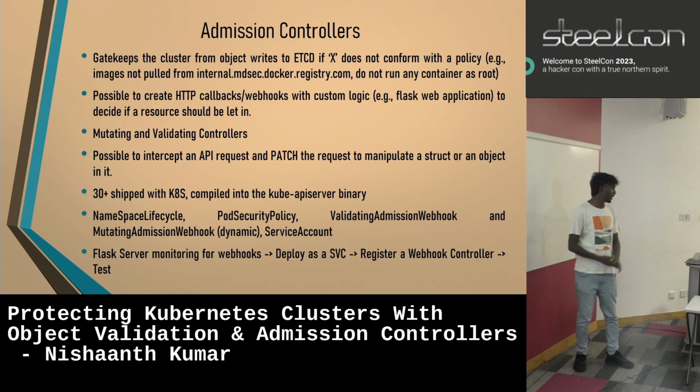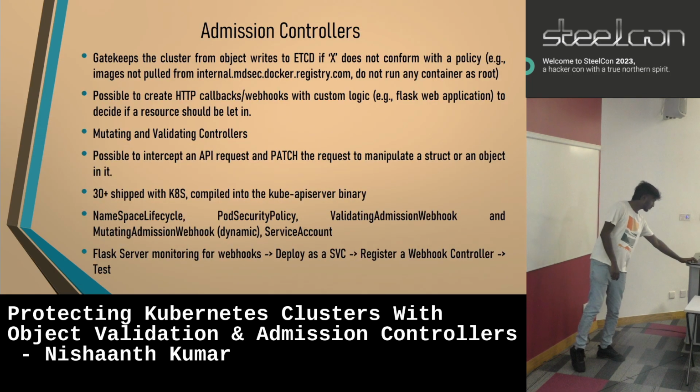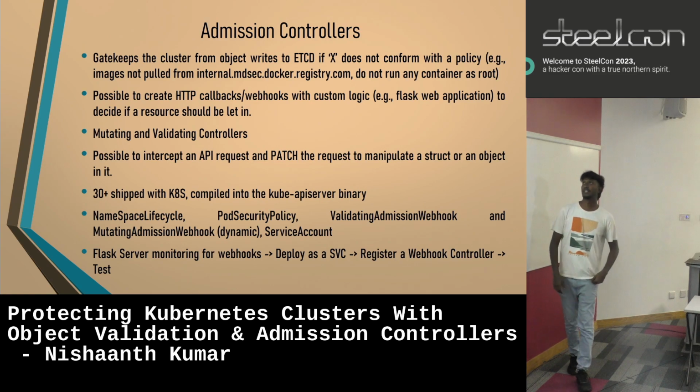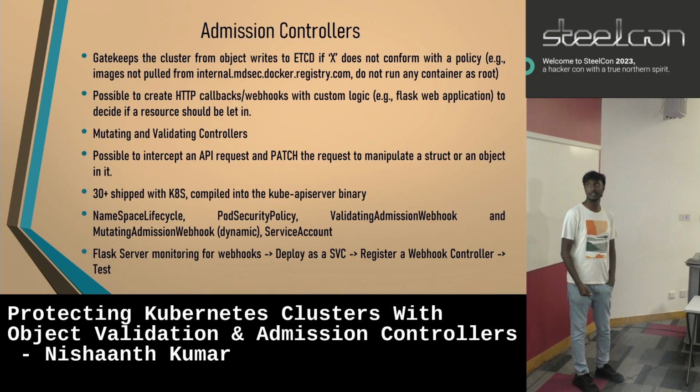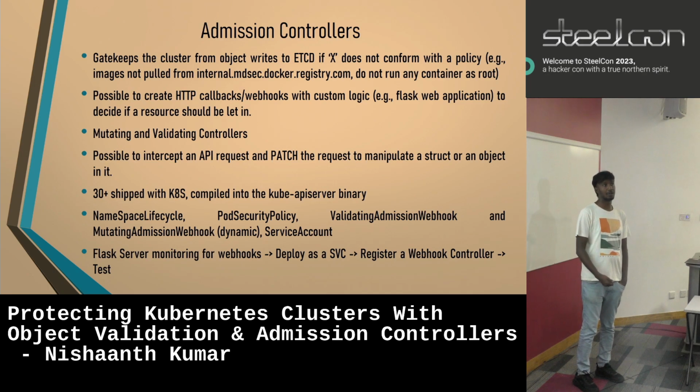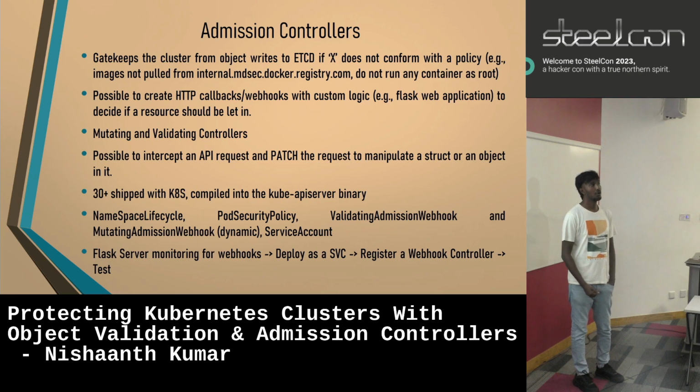All right. So the next thing we are going to see is admission controllers. While I was reading about admission controllers, I saw a really good analogy. Say you go to an airport to board a flight, right?